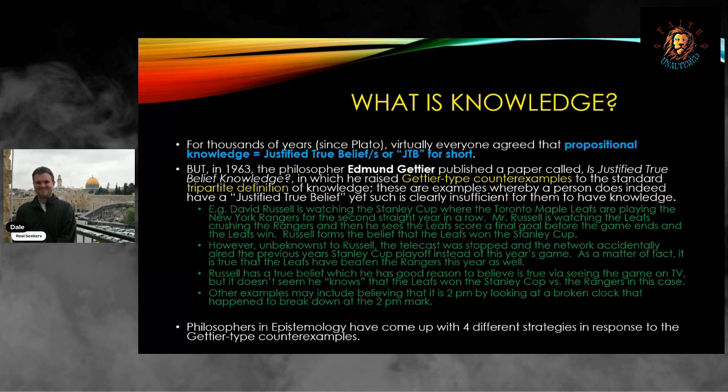He would have a justified true belief because he does have good reason to believe the Leafs winning over the Rangers in the Stanley Cup. He has good reason to believe that's true. But yet, in this case, it doesn't seem that he actually knows. It's insufficient. Justified true belief doesn't seem to warrant saying Mr. Russell actually knows that the Leafs won against the Rangers this year.